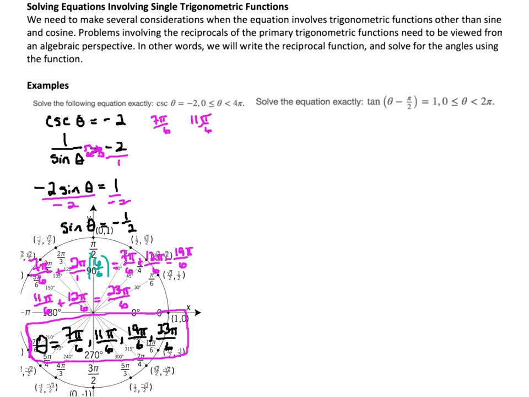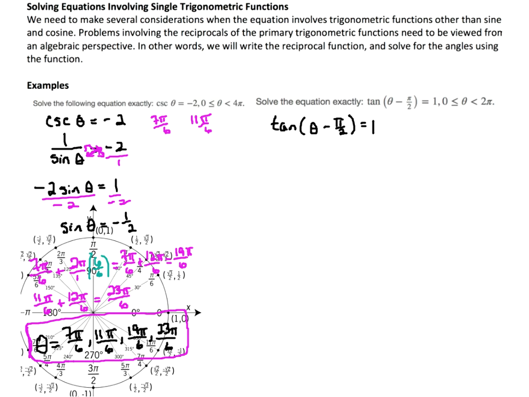All right, so I start out with the tangent of theta minus pi over 2, equaling 1. And I know that I need to stay 1 rotation in the circle because I've got 0 to 2 pi there as my domain.